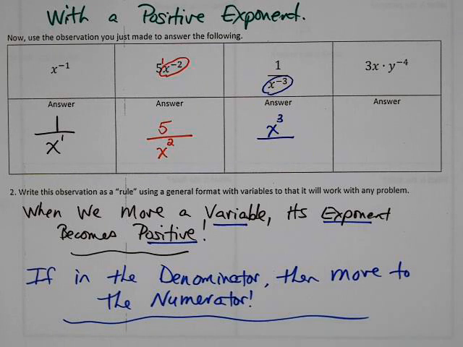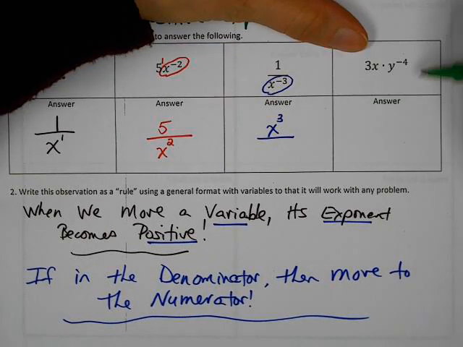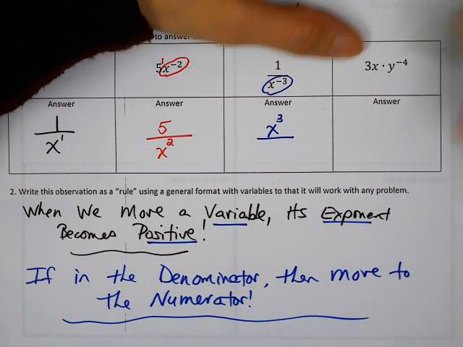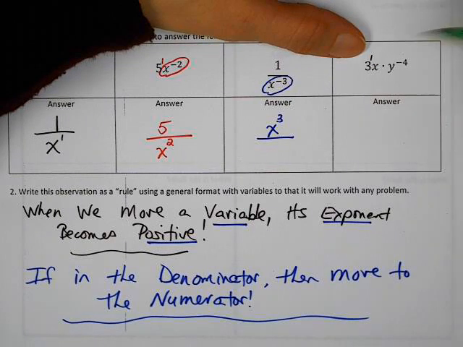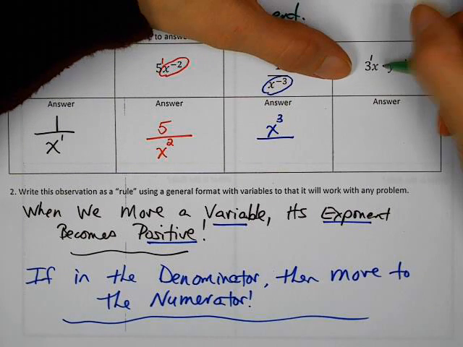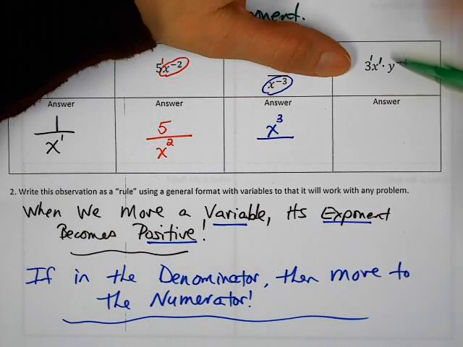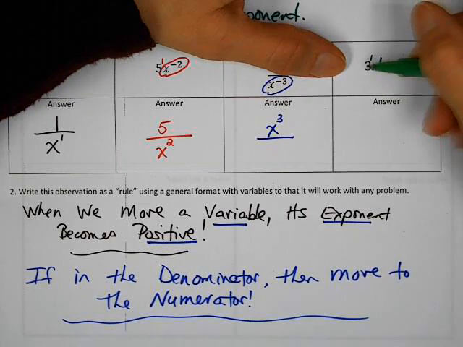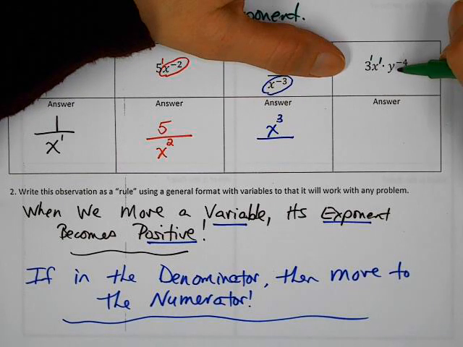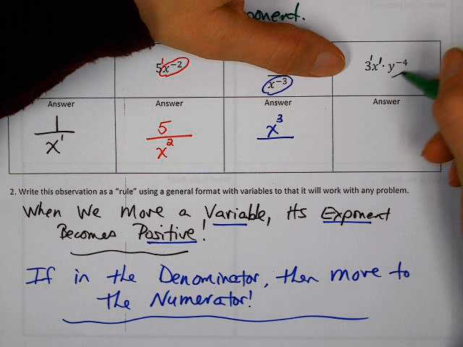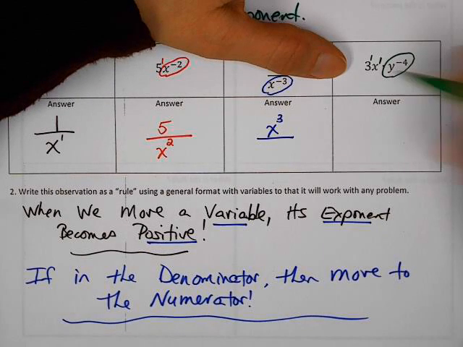So let's take a look at this last one here. We're not going to go crazy and move everybody. 3 has an exponent of 1. That's fine. X has a power of 1, so he's fine. These guys don't have to move. But Y, I'm so sorry, you have a negative power. Y is going to have to move.